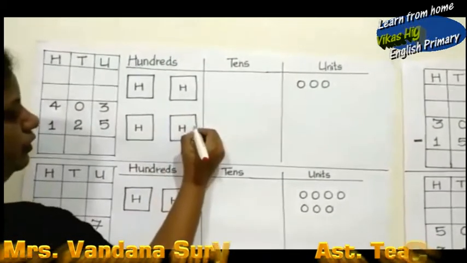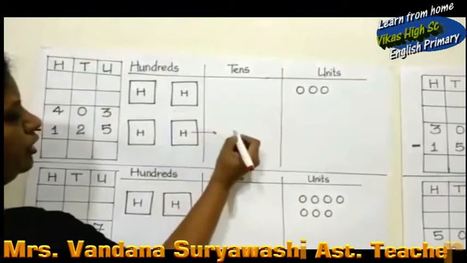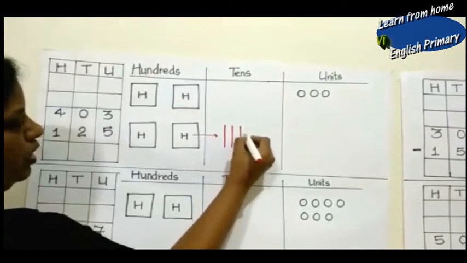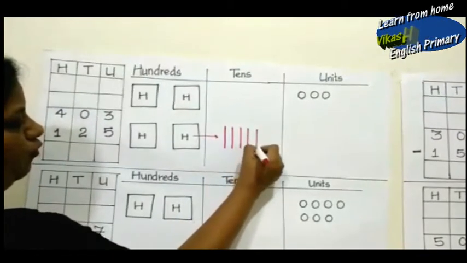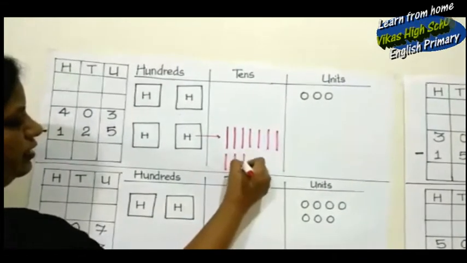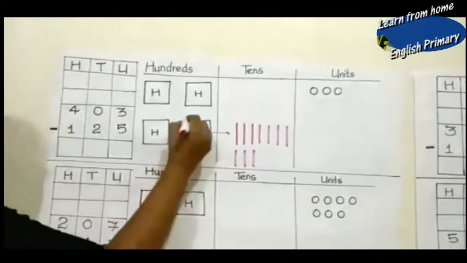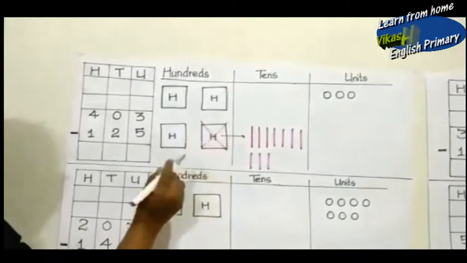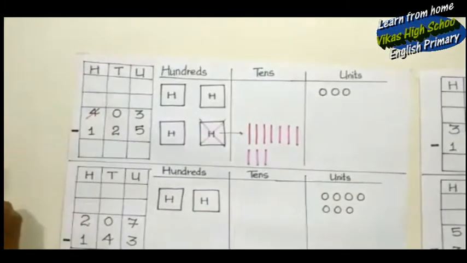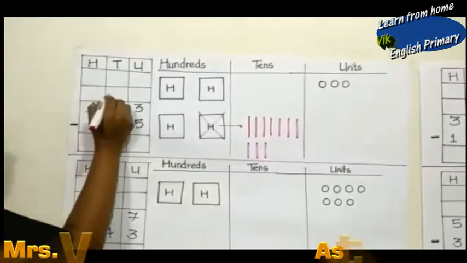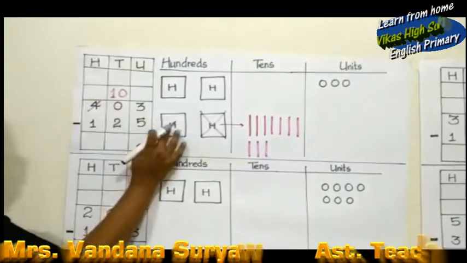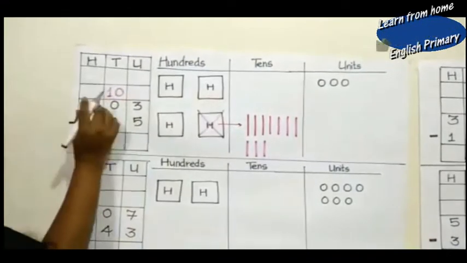So this 100, when I borrow to the tens, it is 10 tens. So 1, 2, 3, 4, 5, 6, 7, 8, 9, 10. So it is 10 tens. So this 100 has become less over here. That means from this 400s, I have borrowed here 10 tens. How many hundreds are remaining over here? 3.